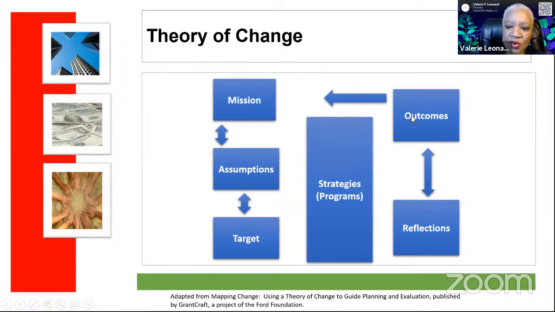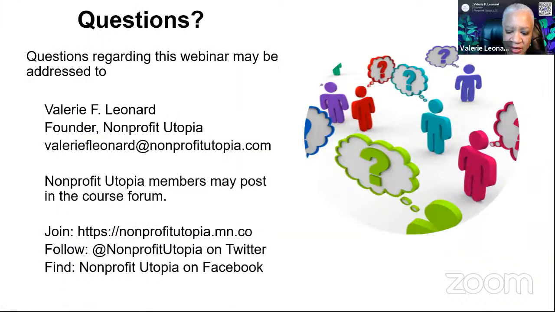And then you also focus on the outcomes. And then after you see what worked and didn't work, you feed that information back into your mission, and it becomes a continuous loop.